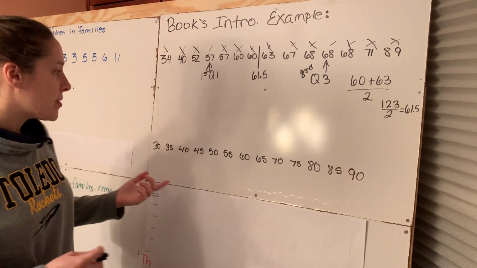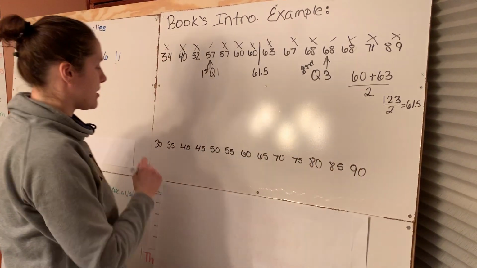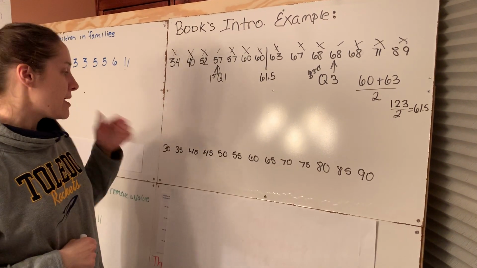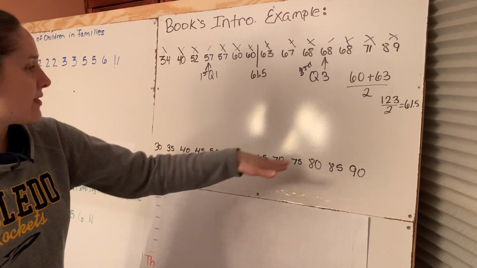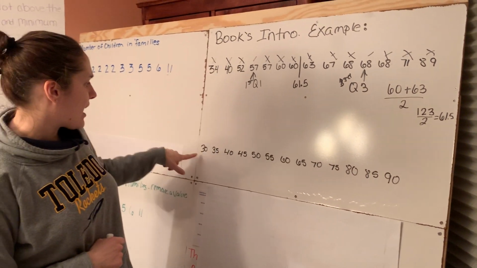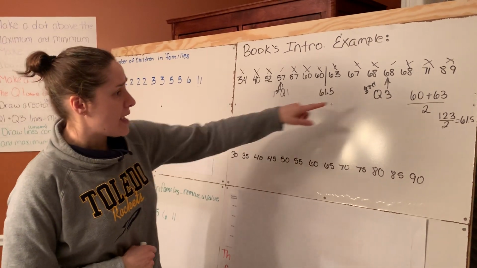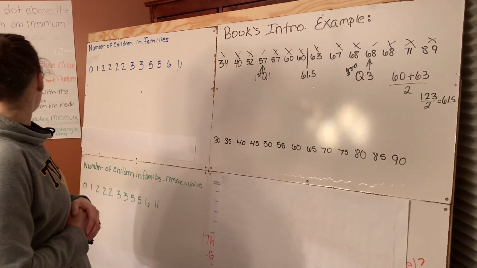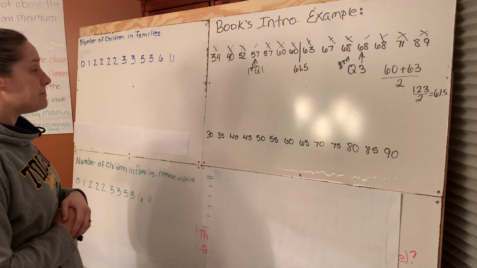Now it's not a true number line. I didn't put little hash marks for anything, but it's just kind of like an evenly spaced separation from my lowest to my highest. Started at 30 because it was below, and I went to 90 because it was just above. So there is your step 5, creating a number line.